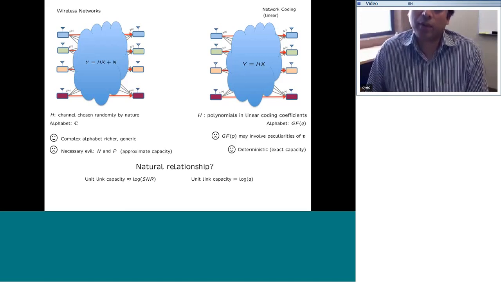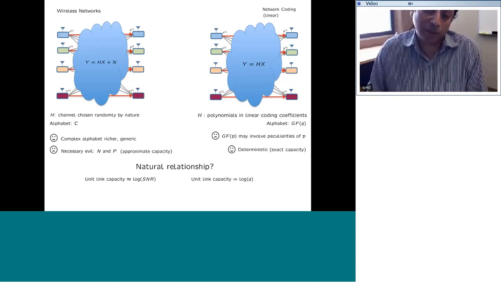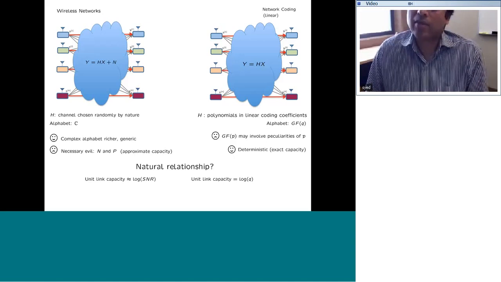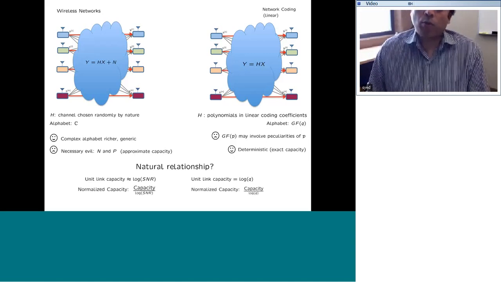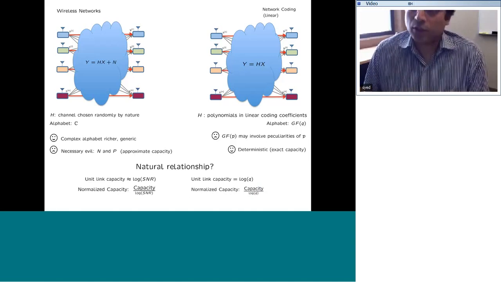So as I said, with noise, we have to deal with approximations. It's log SNR. Whereas in a network coding setting, if you have a noiseless link that carries Q-ary alphabet from some finite field Q, GF(Q), the capacity would be log of Q. So you can think of log SNR as being equivalent to log of Q. So if you want to express capacity in a way that removes as many parameters as possible and leaves only the topology of the network, well, then you would like to normalize the capacity.